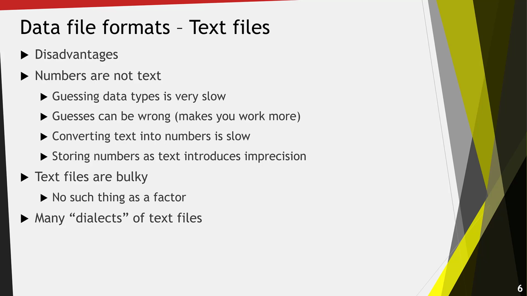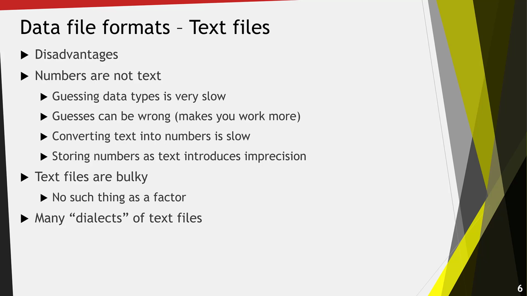Also, the actual process of converting text data into the computer representation is slow, and storing numbers as text introduces imprecision. It may not include as many decimal places in the text file as the computer actually stores, or there might be slight differences in the base 10 representation in the text file versus the base 2 representation that your computer uses. On top of that, text files are bulky.